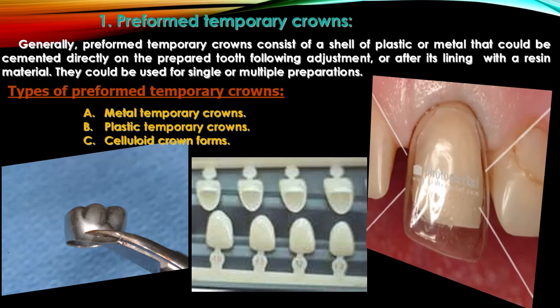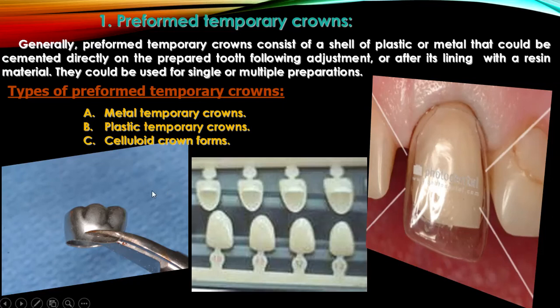Generally, a preformed temporary crown consists of a shell of metal or plastic that could be cemented directly on the prepared tooth following adjustment, or after it is lined with a resin material. They could be used for single or multiple preparations.